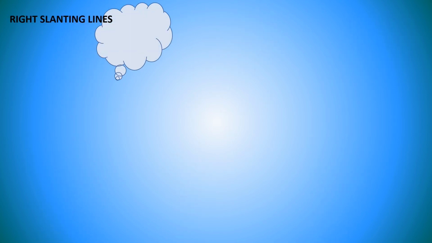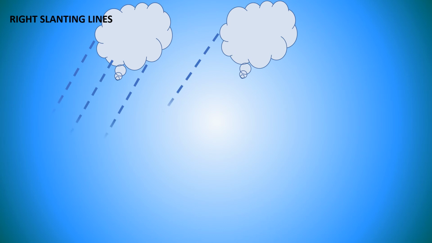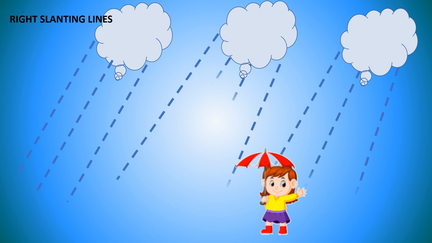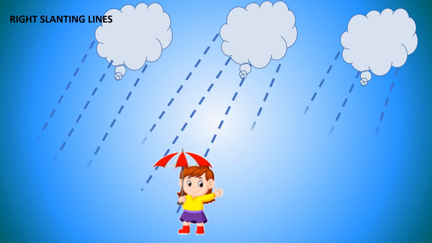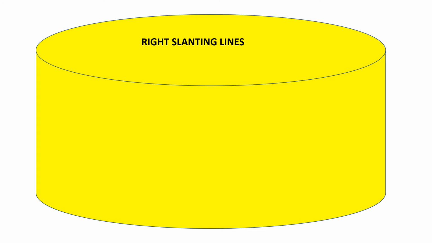So again there are clouds, and again it is raining, and it is raining in the form of right slanting line. So what line is this? This is called the right slanting line. So let us see once again. We will trace the right slanting line like this.